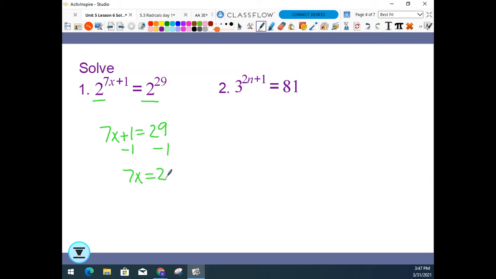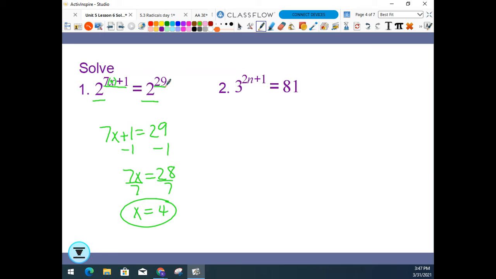Subtract 1 from both sides, divide by 7, x equals 4. So when x is 4, I get 7 times 4 is 28 plus 1 makes 29. So when x is 4, the left side equals the right side.